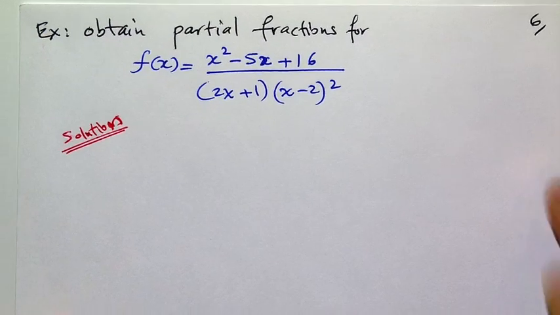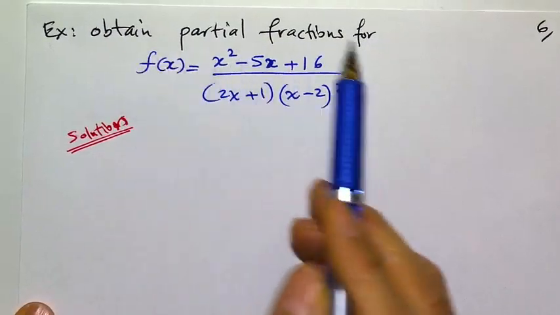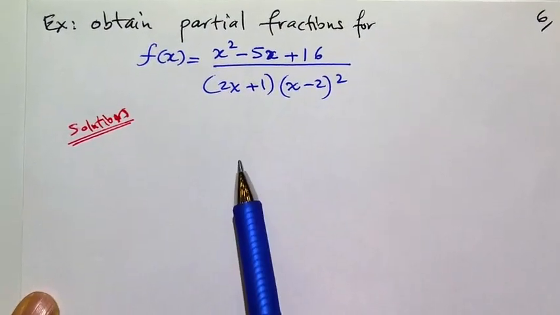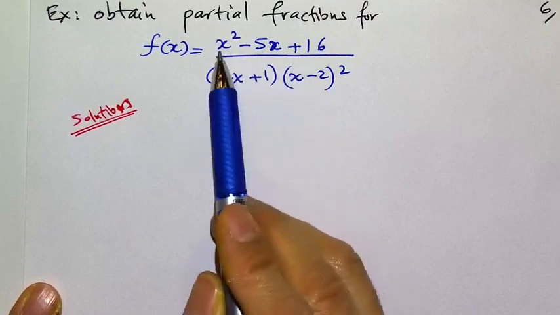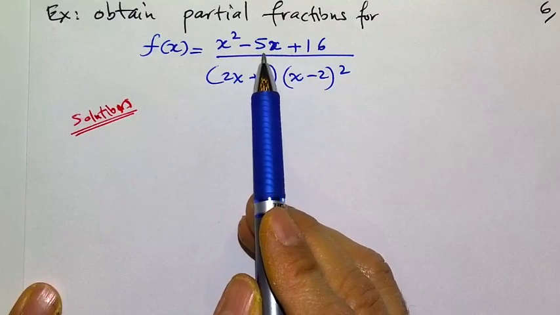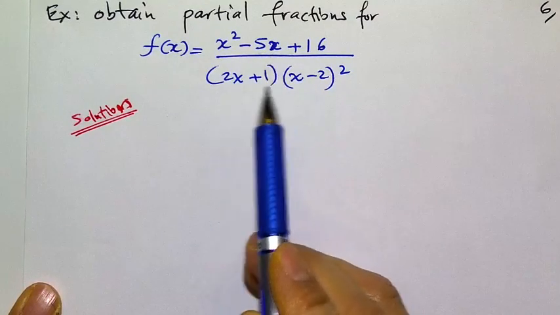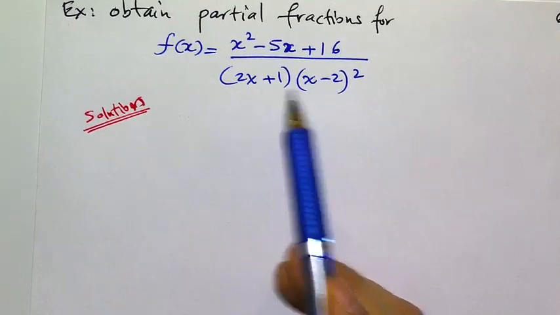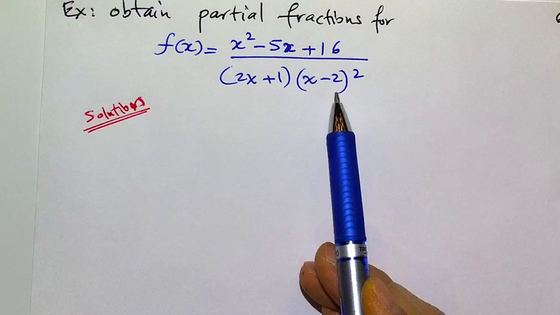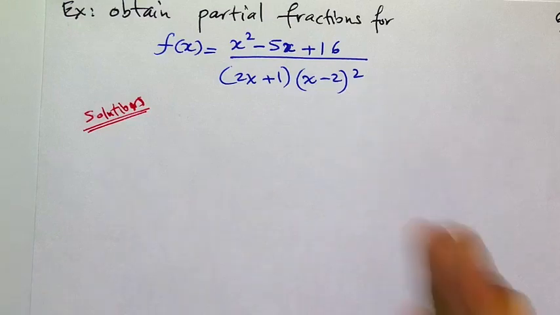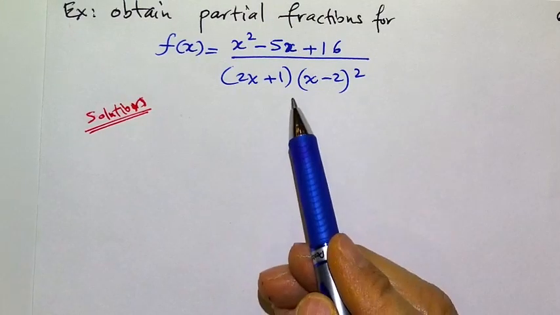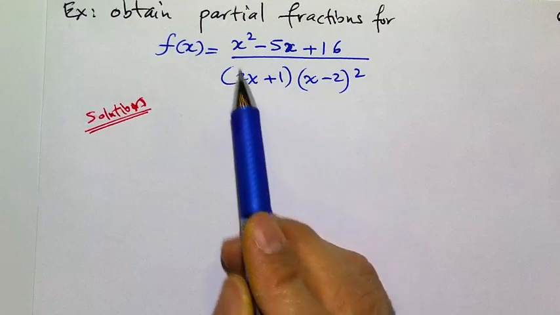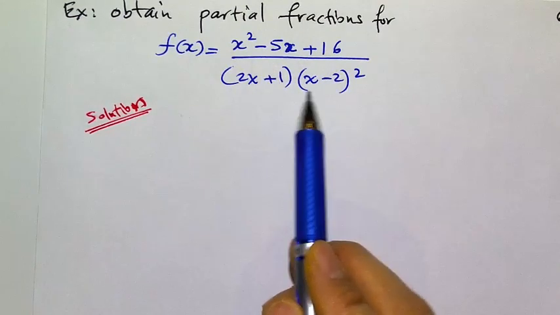So we have, it says obtain the partial fractions for this expression. You can see there is a quadratic in the numerator, and we have two linear factors in the denominator, one of which is repeated, right? So let's see how case 2 works, how we should break apart this one.